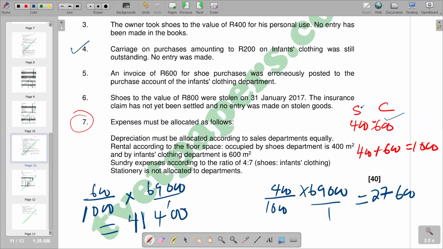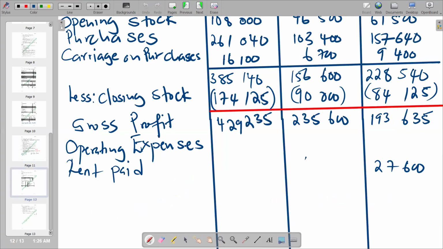This is for the clothing, so you go to the clothing and put our 41,400. And we now need the total. We add the two figures and we get a total of 69,000.